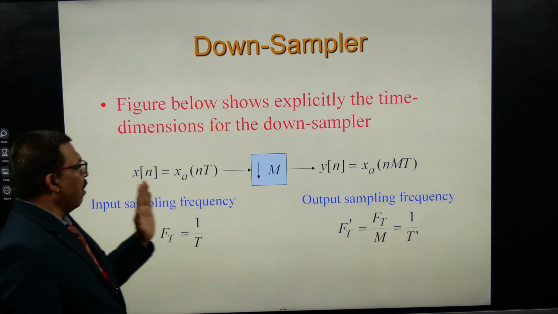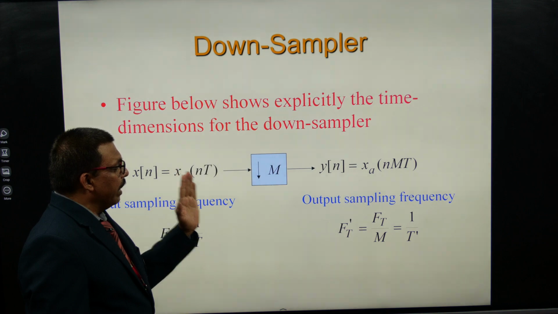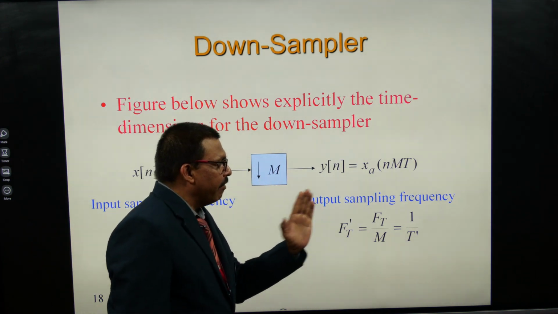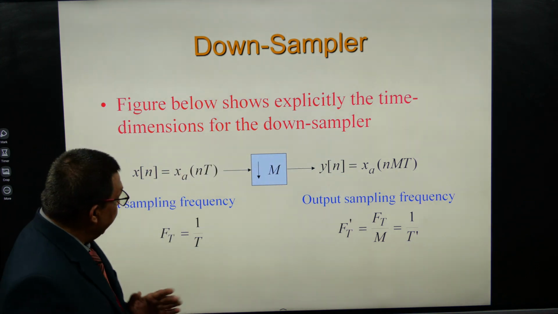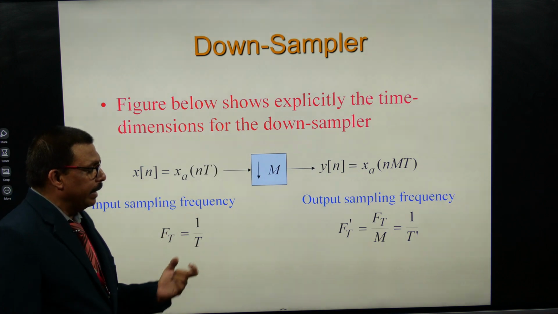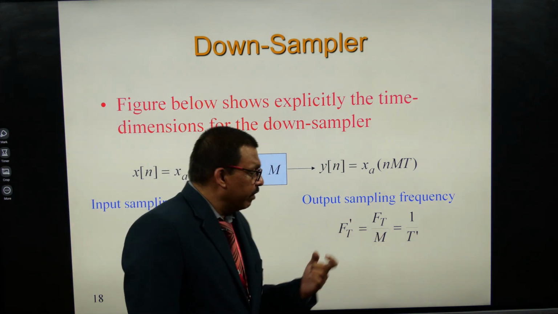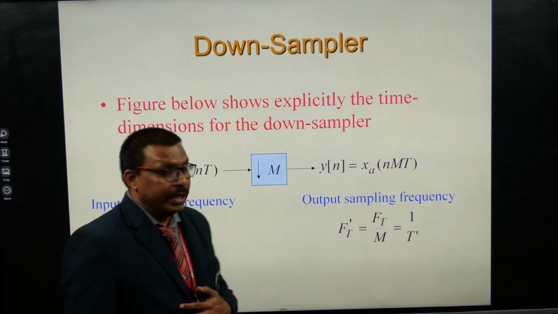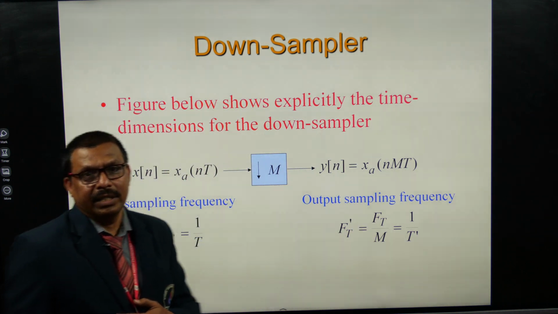That means x of n is equal to xa of nT. For downsampling with M, y of n is equal to xa of nMT. If the input sampling frequency FT is equal to 1 by T, then the output sampling frequency FT dash is equal to FT divided by M, that is equal to 1 by T dash.